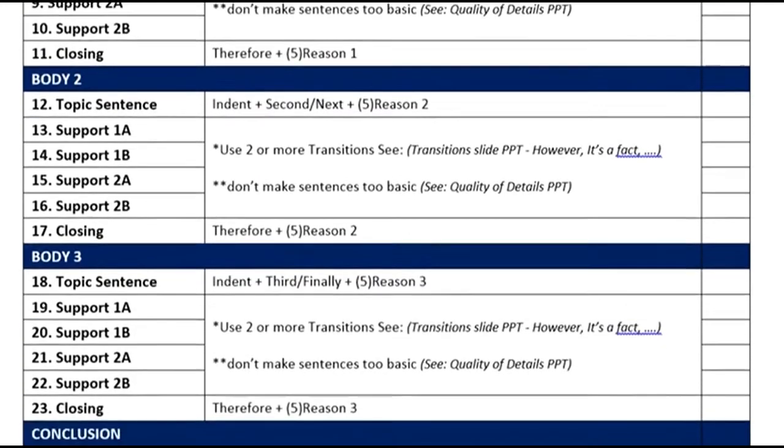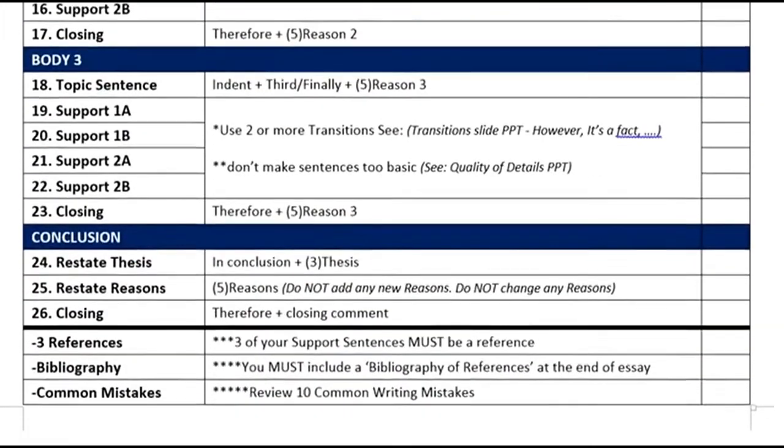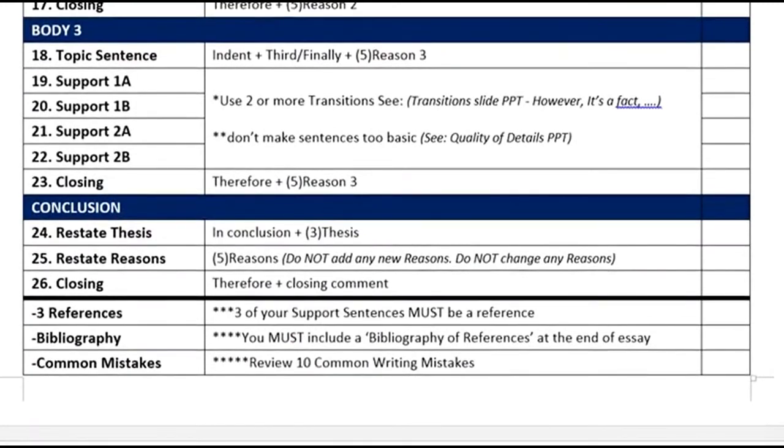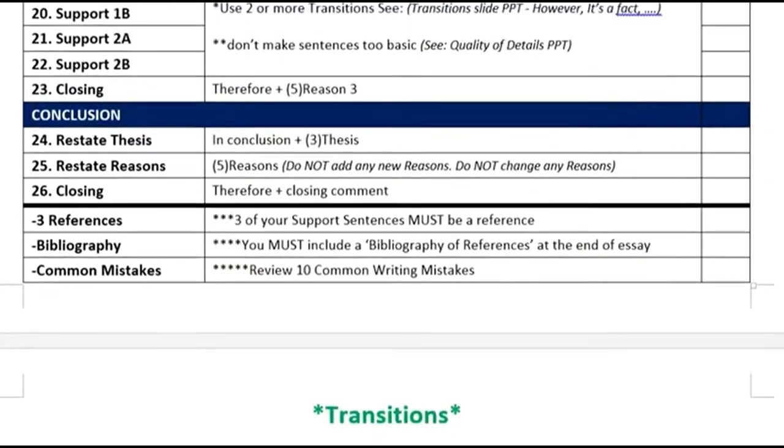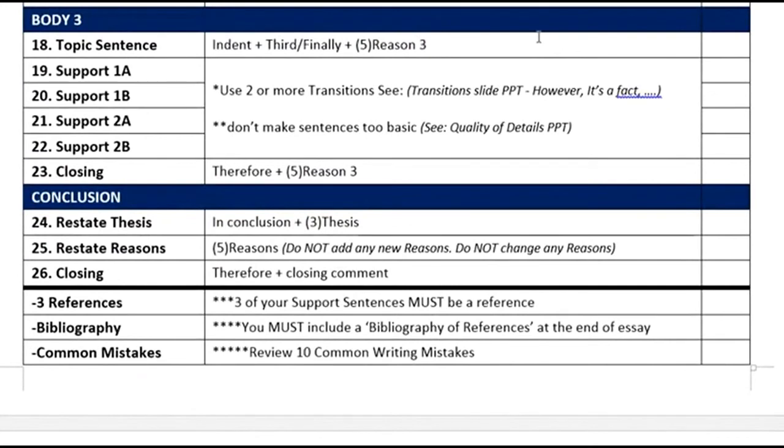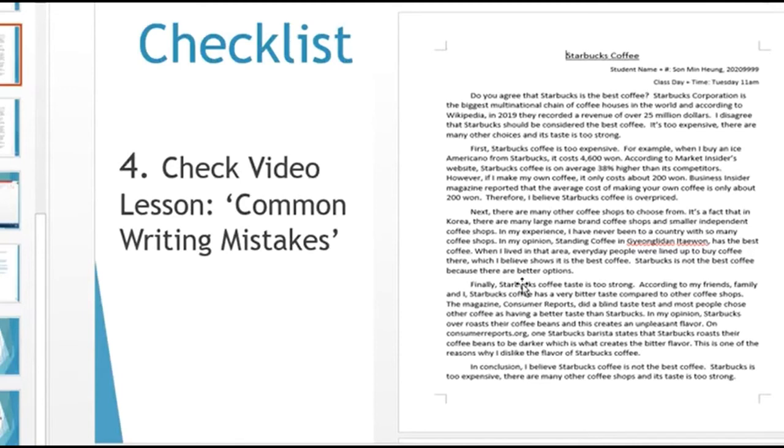Now let's scroll down a little bit. Body 3. For body 3, we're going to indent, and we're also going to use third or finally. So you can choose your language, but it should be kind of standard. Here we have finally, Starbucks coffee taste is too strong.